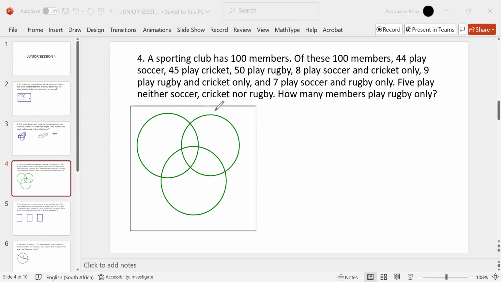The square represents your club, right? And these circles represent those who play. Let's put R here for rugby, S for soccer, and this is cricket.